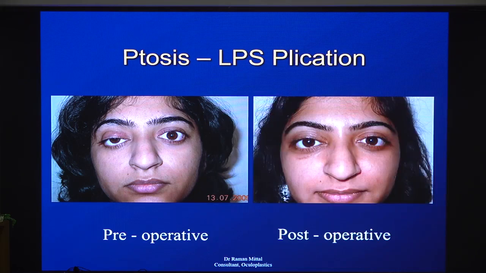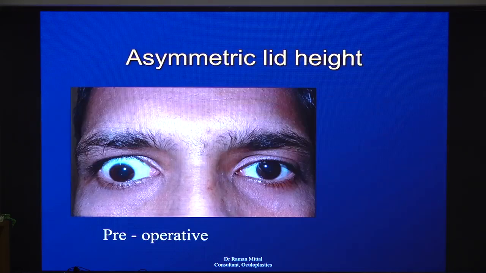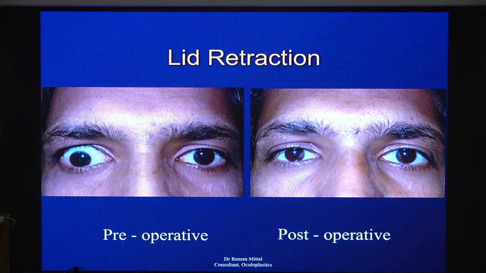So a second stage surgery for correcting the inferior scleral show was done, and now she had a very good correction. Sometimes you have a pseudoptosis because the other eye is having retraction. This is a huge lid height, but sometimes the patient comes to you with thyroid-related problems or some other retraction syndromes where you may need to adjust the height which is higher, and then you correct it by doing an LPS recession, by reducing the strength of the LPS.